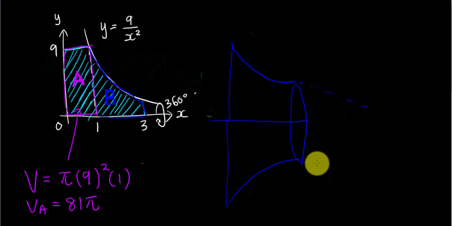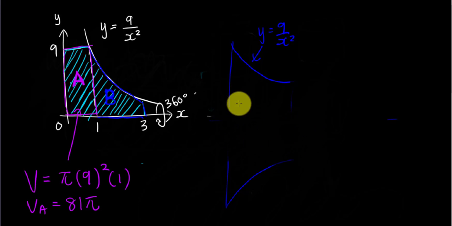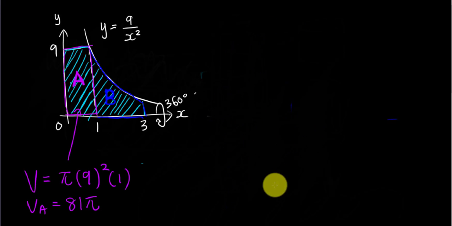Actually, it should be a cone if it touches the x-axis, but in this case, because it doesn't touch the x-axis, it should look like this. But for a curve, you don't need to worry so much. The first thing is you need to know the equation of the curve, which is 9 over x squared. And then for a curve, if you rotate 360 degrees on the x-axis, you just apply the formula for it.